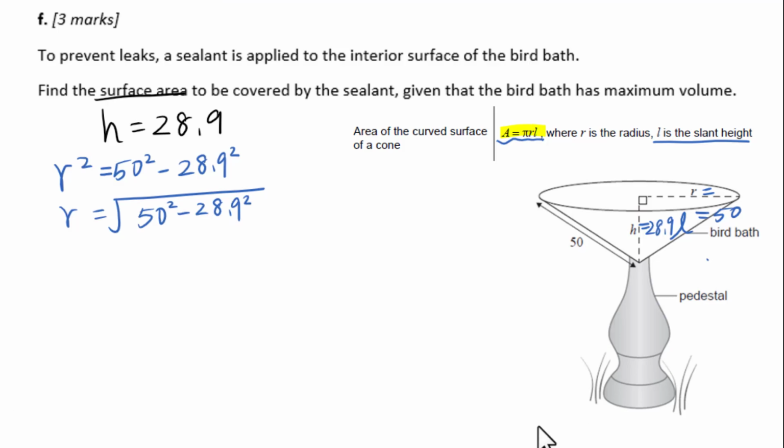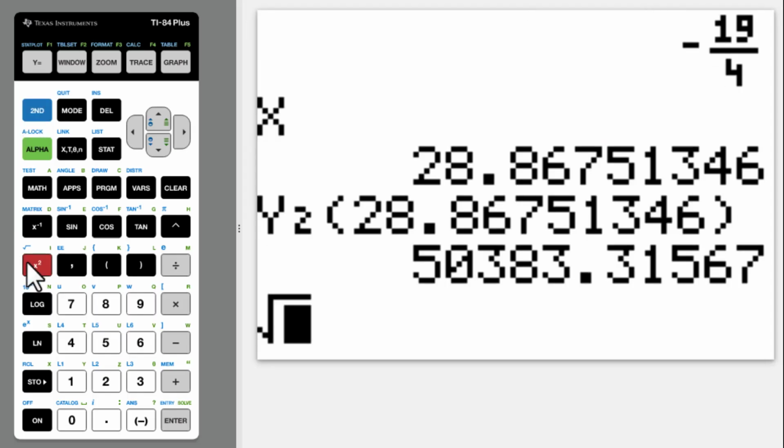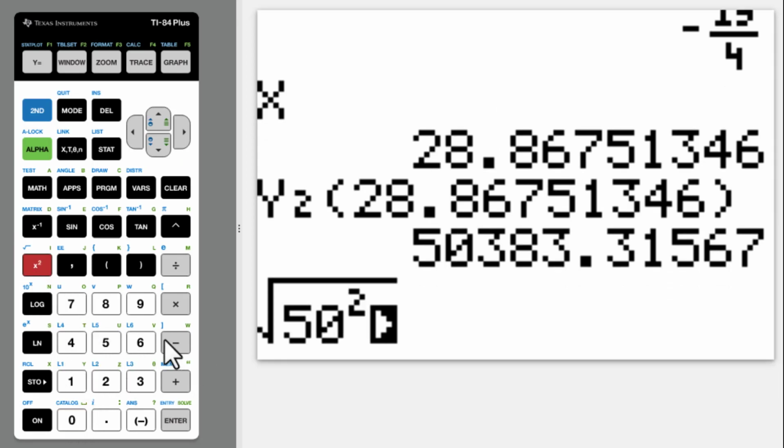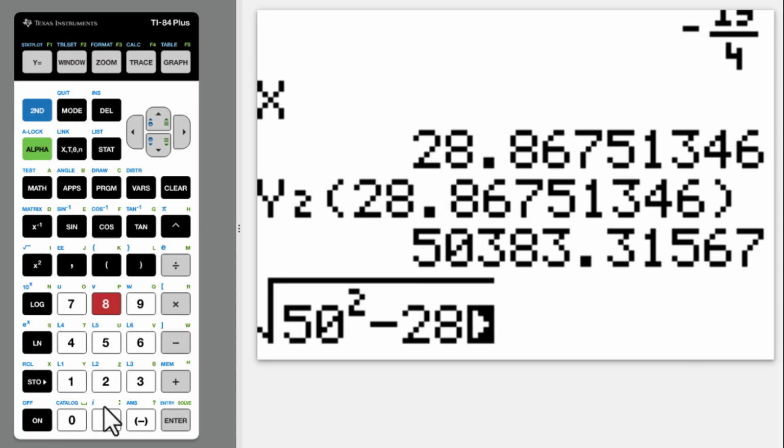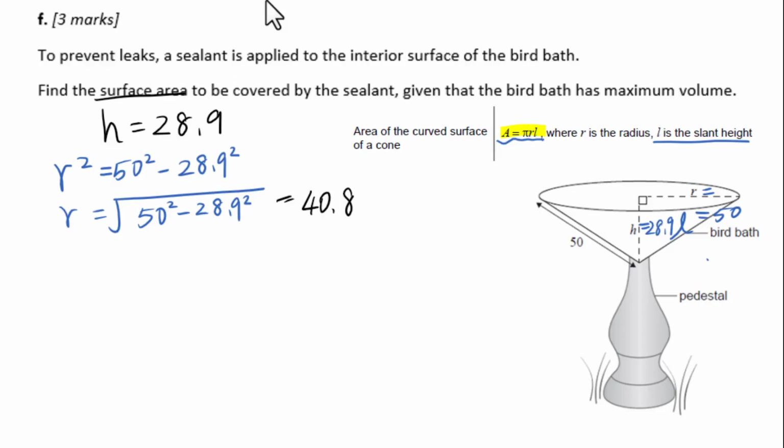Go to calculator. Second x squared, 50 squared minus 28.9 squared. R equals 40.8. So the surface area of this cone equals pi times 40.8 times 50 equals.